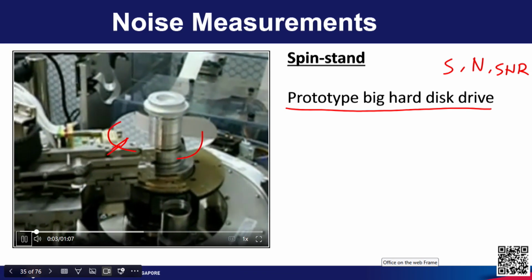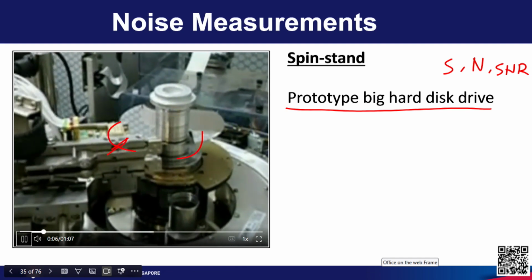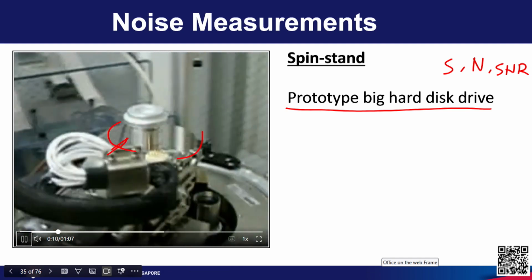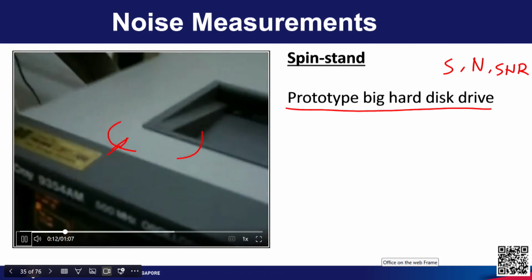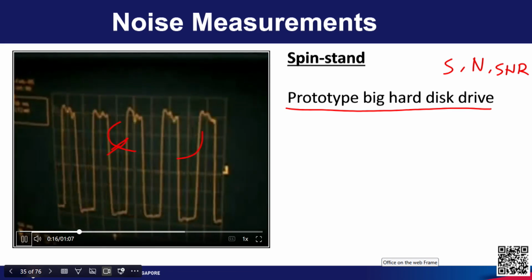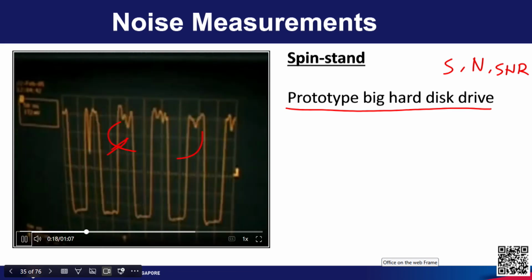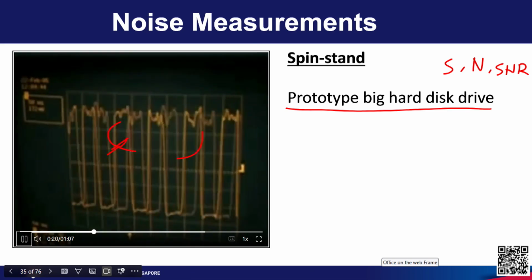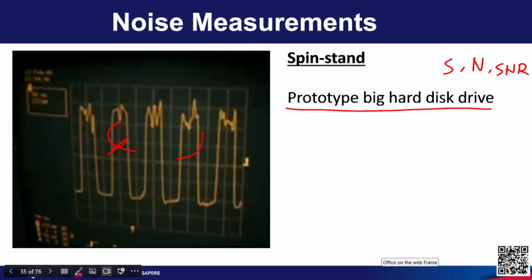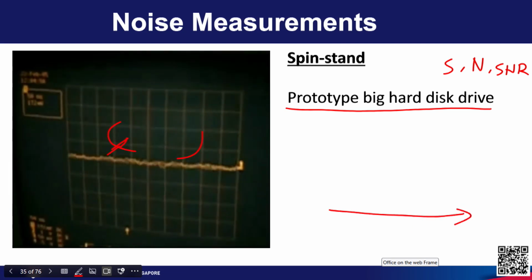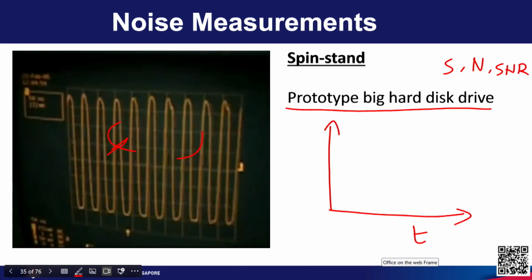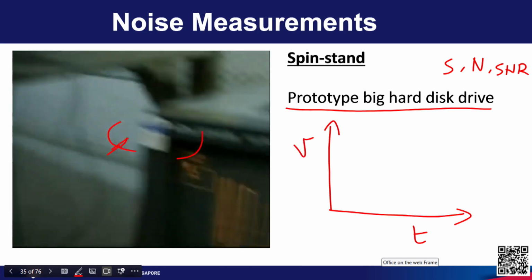Okay, so now the disk is rotating and the head is reading, writing information. So, you can see the plot of measured data. On one side, the x axis is time, and in the y axis you have the voltage.